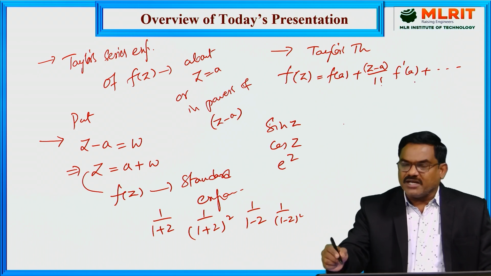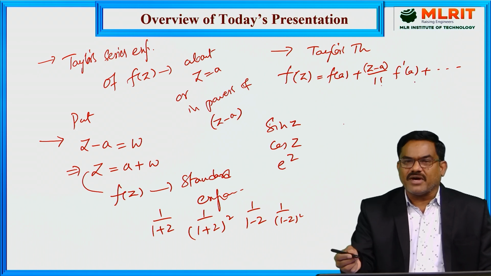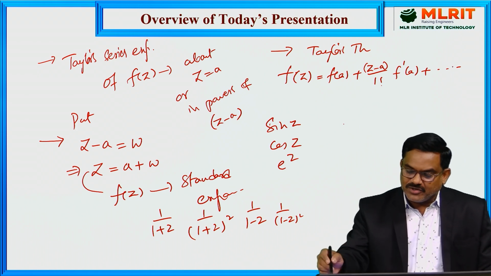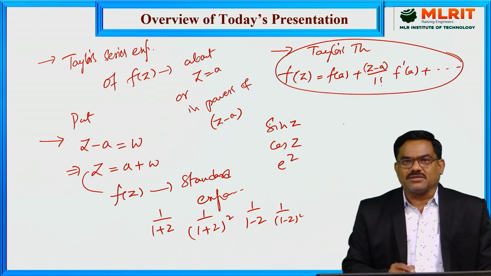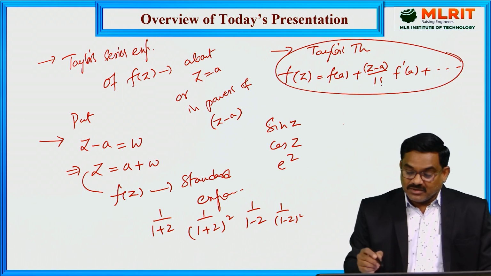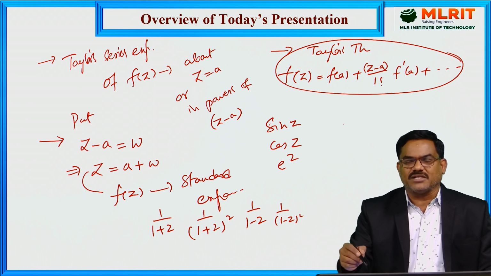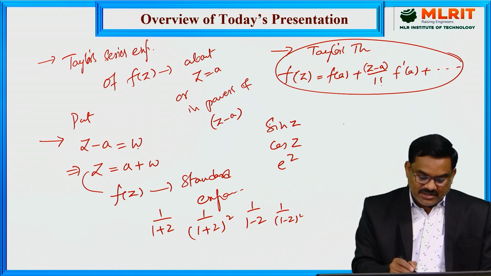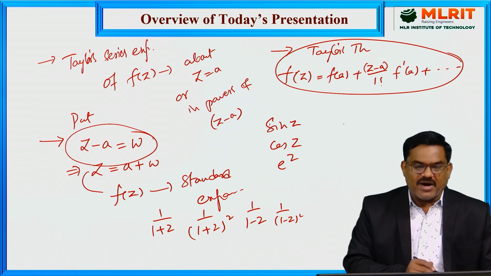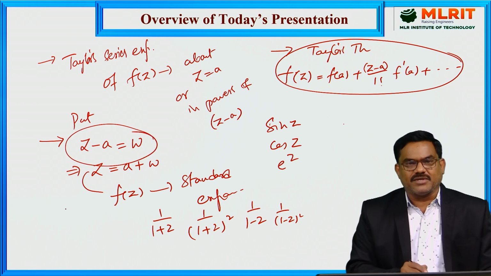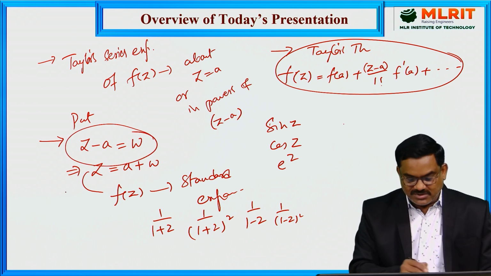That is the nth term of this infinite series. So either you can use the actual Taylor series expansion, by finding the successive derivatives, or else if it is required to expand about a point or in powers of z minus a, then you can use the other procedure also.